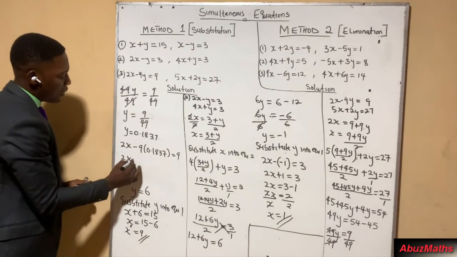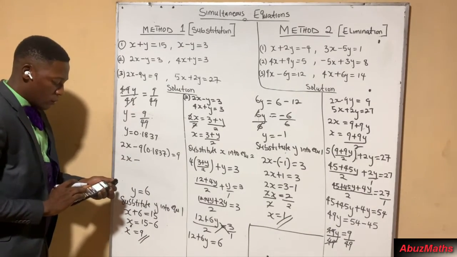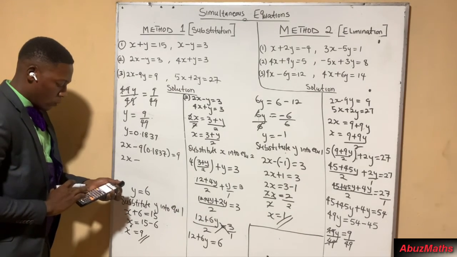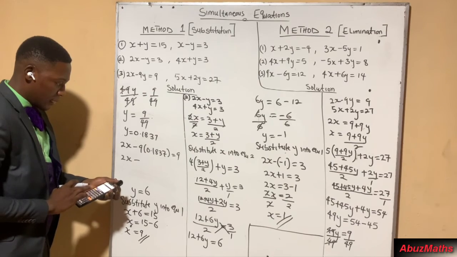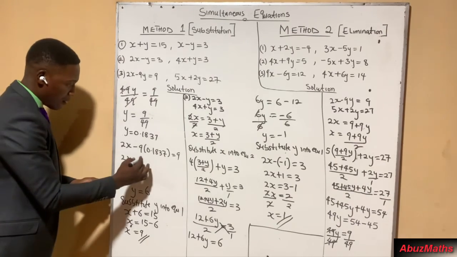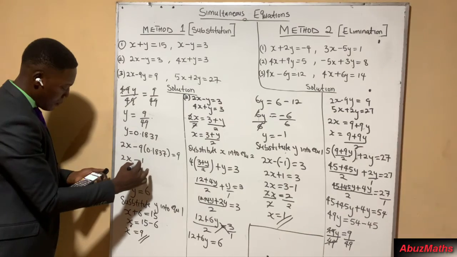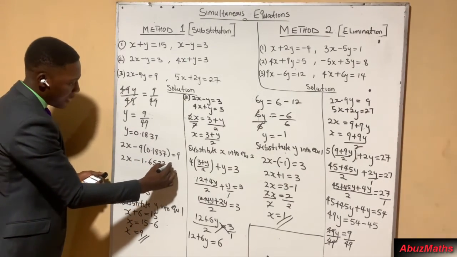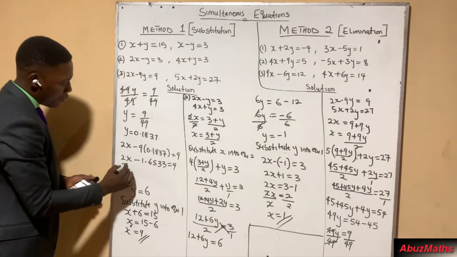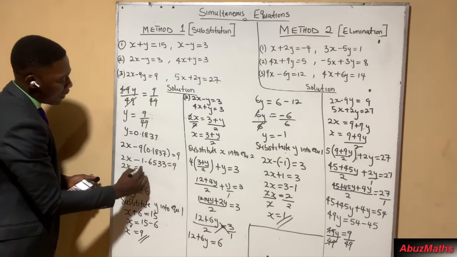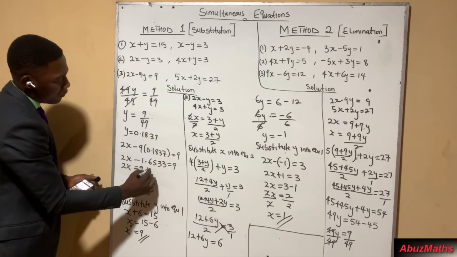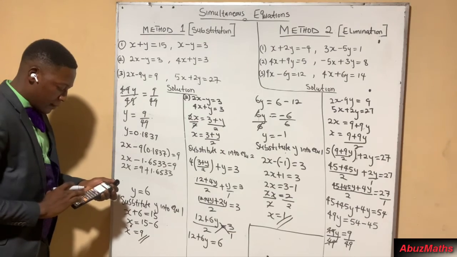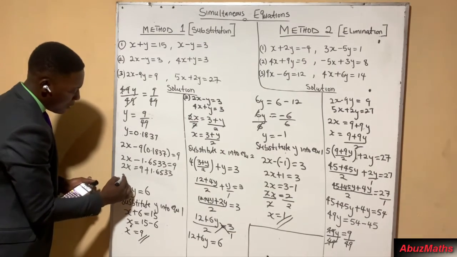So 2x minus, now let me do that multiplication, 9 times 0.1837 is 1.6533, is equal to 9. So 2x will be equal to 9 plus 1.6533.